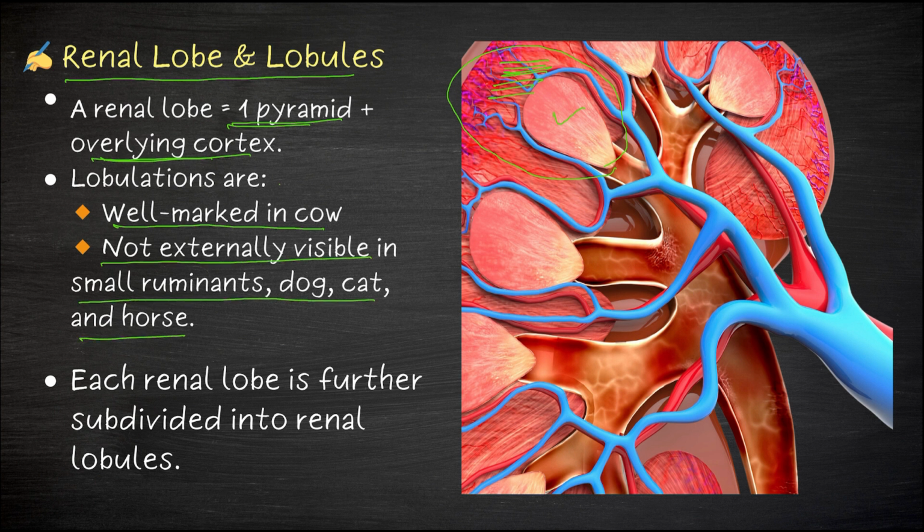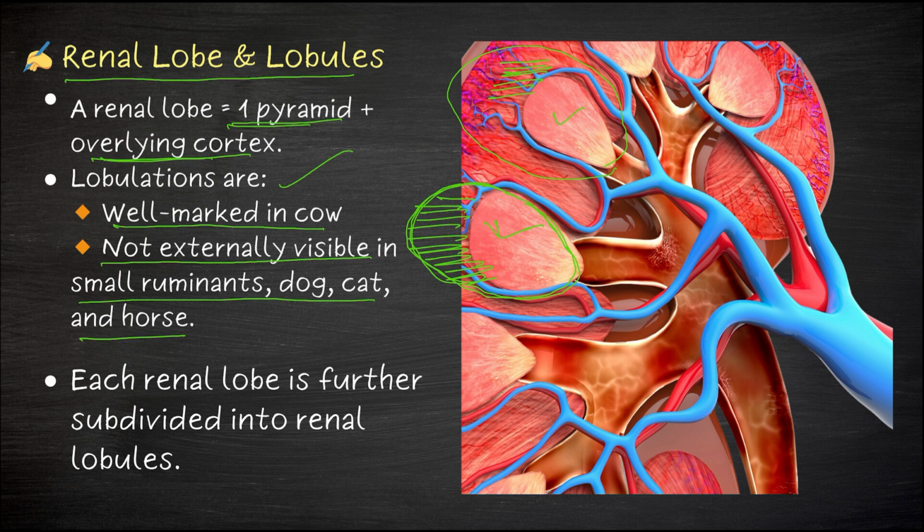Again repeating: a lobe is one renal pyramid and its overlying cortex that form one renal lobe. For example, suppose this is the renal pyramid and this is the overlying cortex. This whole structure is called one renal lobe.